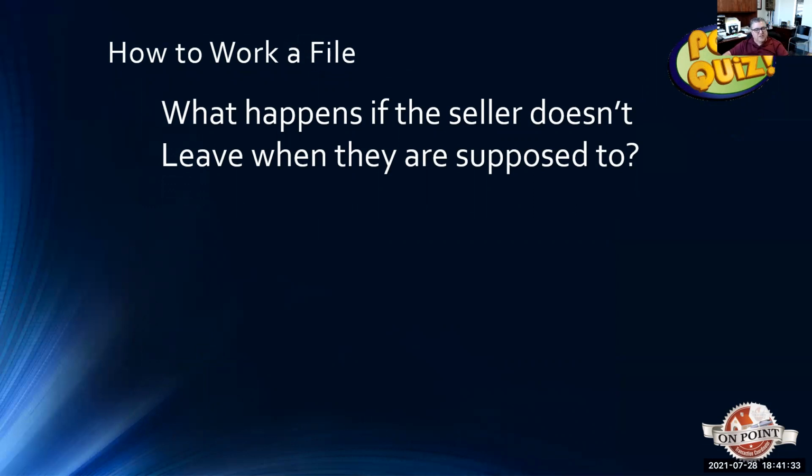So we close the transaction, and let's say that they had 3 days to leave on the contract, and for whatever reason, day 4 comes along and they're still there, and they're not responding to phone calls. They're still there. They're not leaving. What happens? Anybody? All right, yeah, Celia, very good.